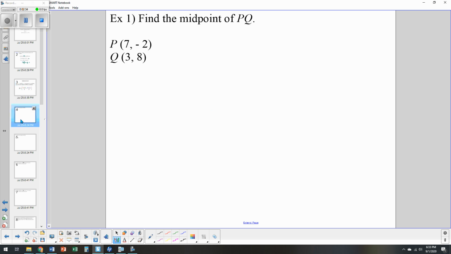So for our first example, we want to find the midpoint of PQ. I'm going to label x sub 1, y sub 1, x sub 2, y sub 2. I'm going to substitute them into my formula. So we know the midpoint formula is x sub 1 plus x sub 2, 7 plus 3 over 2, comma, y sub 1 plus y sub 2, so that's negative 2 plus 8 over 2.